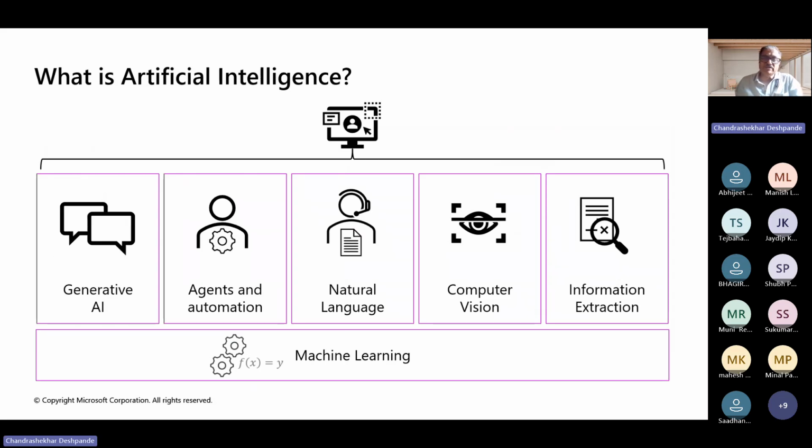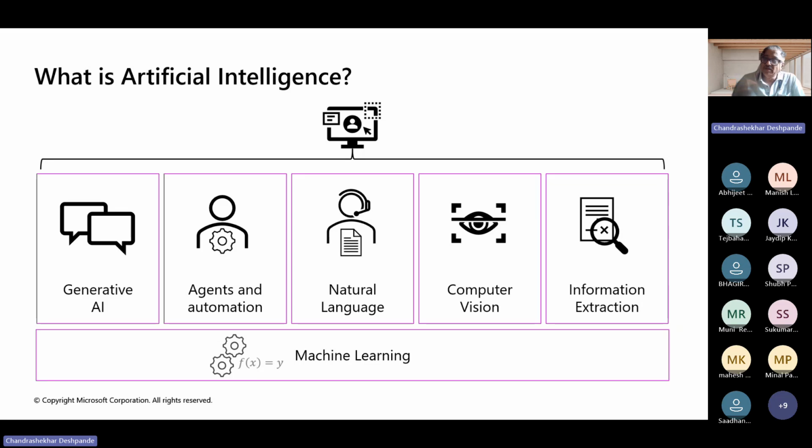In artificial intelligence, we have these kinds of services. So generative AI, agents and automation, natural language, computer vision, information extraction. All these things are available in the form of different services in Azure.